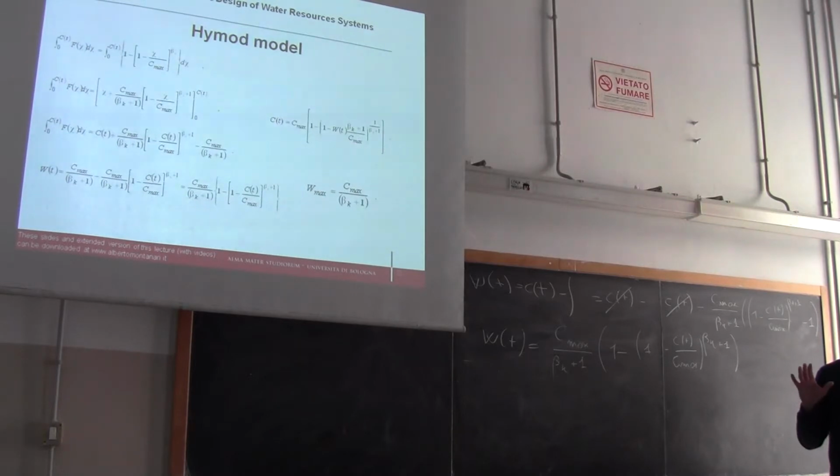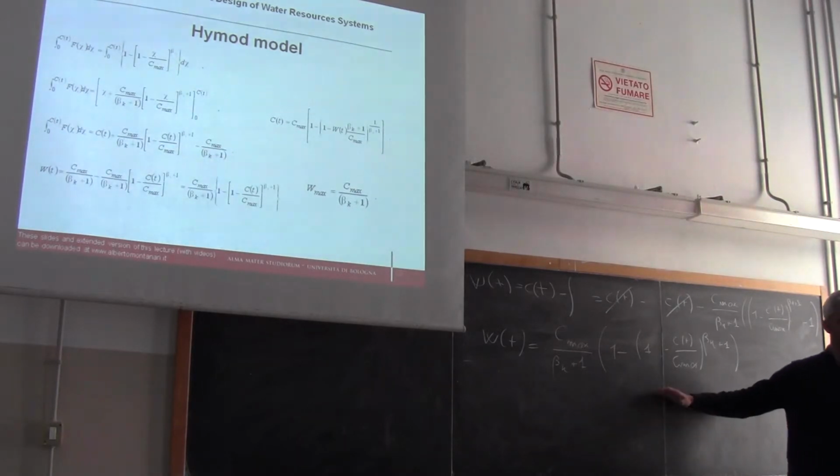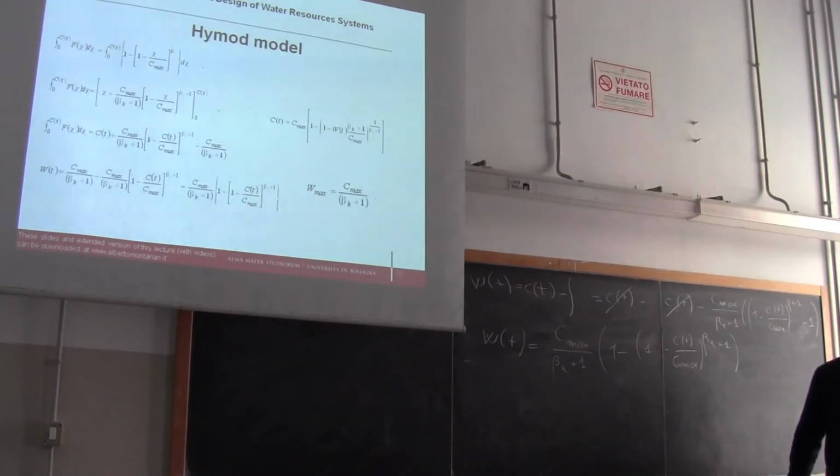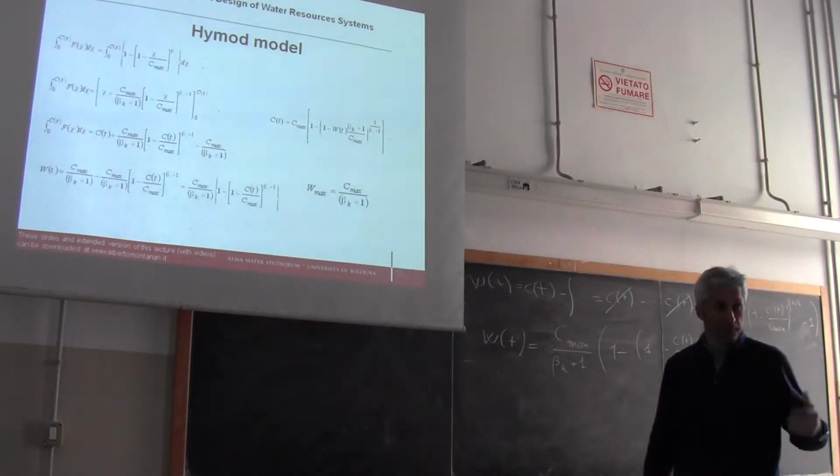Now we have only one question left: how to write a computer code to apply this model. We have two questions left: how to write a computer code, and second question, how to include evapotranspiration, because we know that evapotranspiration, we need it.